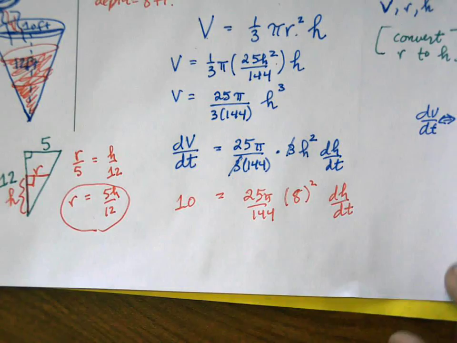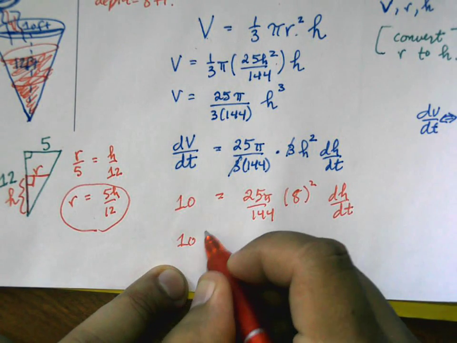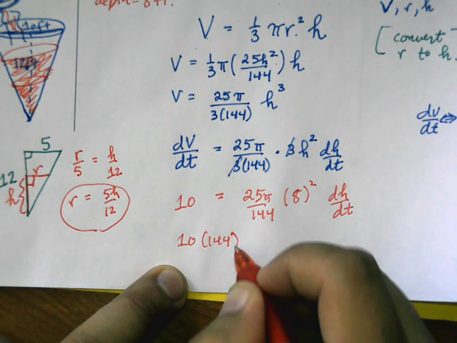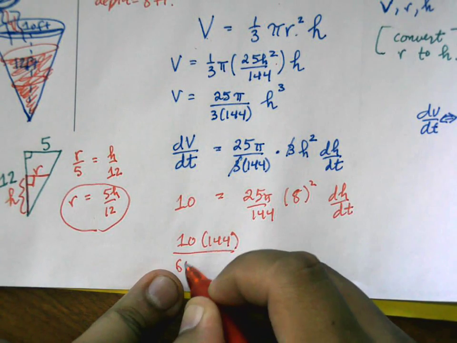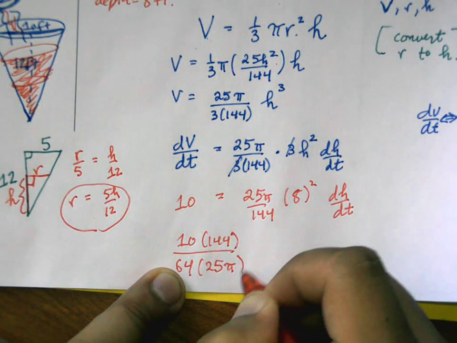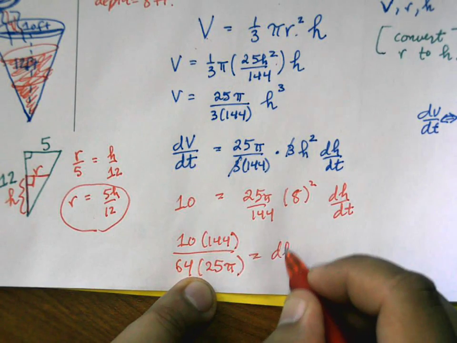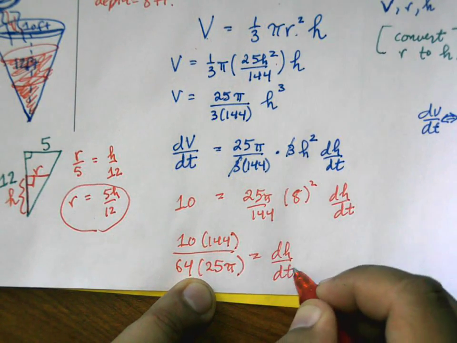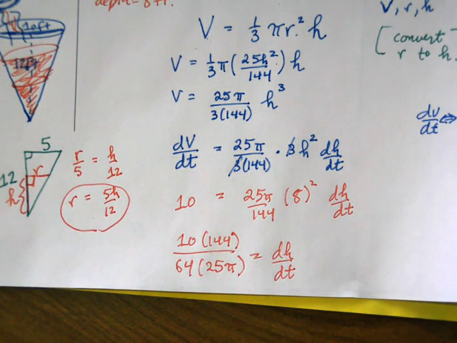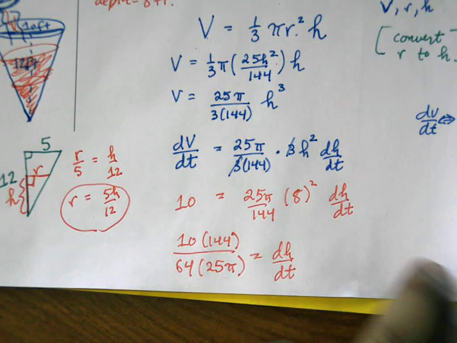Just got to solve this equation, and this gives me 10 times 144 divided by 64 times 25 pi equals dh over dt. Now, if this was a non-calculator exam, you would have to fight through this and try to simplify as much as possible.